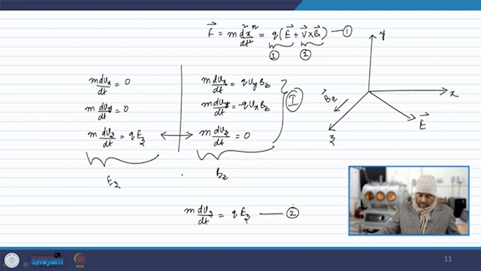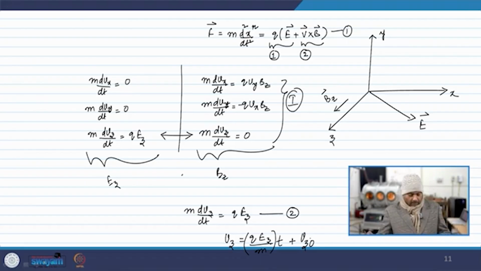Right. What does equation number 2 suggest? If you integrate this equation, we will get something like this. Vz is q Ez by m, of course, m is there. Since we are integrating, you will get time on the right hand side plus a constant which you are going to obviously call as the initial velocity. Right. So, what does it suggest? It suggests that there will be linear acceleration along the z axis or the z component of the electric field.